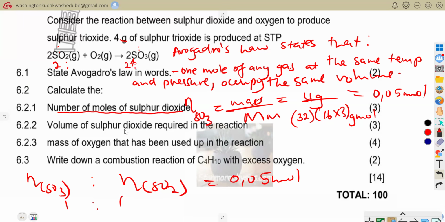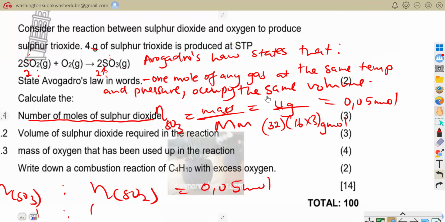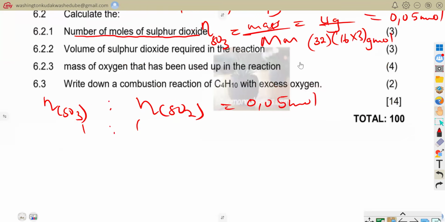Now they are saying the volume of sulfur dioxide required in the reaction. So now you know that at STP, 1 mole of gas occupies 22.4. What about the 0.05 moles? So you would come here.